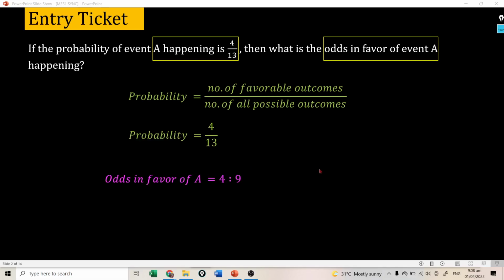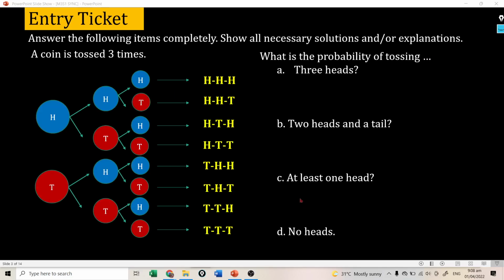Odds in favor of A. Of course, if you want to ask what are the odds against A, babaliktarin mo lang. Against A, uunahin mo yung number of possibilities that A doesn't happen. So the odds against A should be the reciprocal of 4 to 9. That will be 9 to 4 odds against A. Okay?